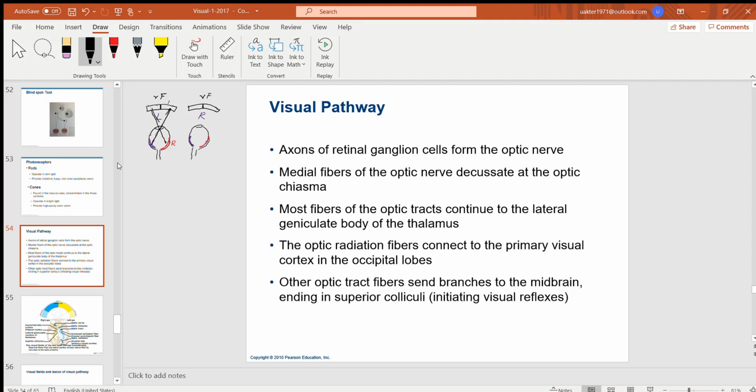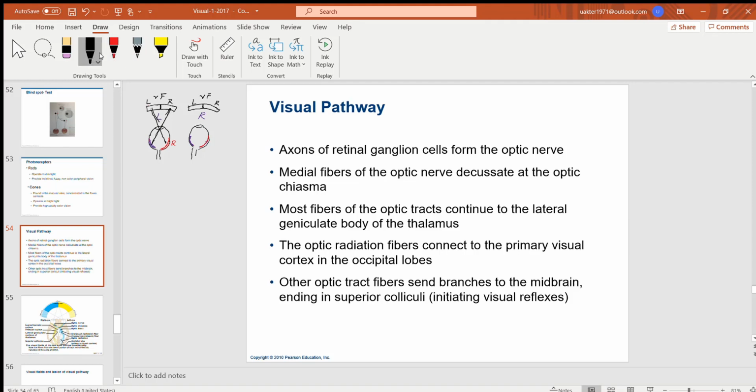This is the right half of your left visual field, this is the left half, right? And this is the right half of your right visual field, and this is the left half of your left eye's visual field. Okay, so that is one.